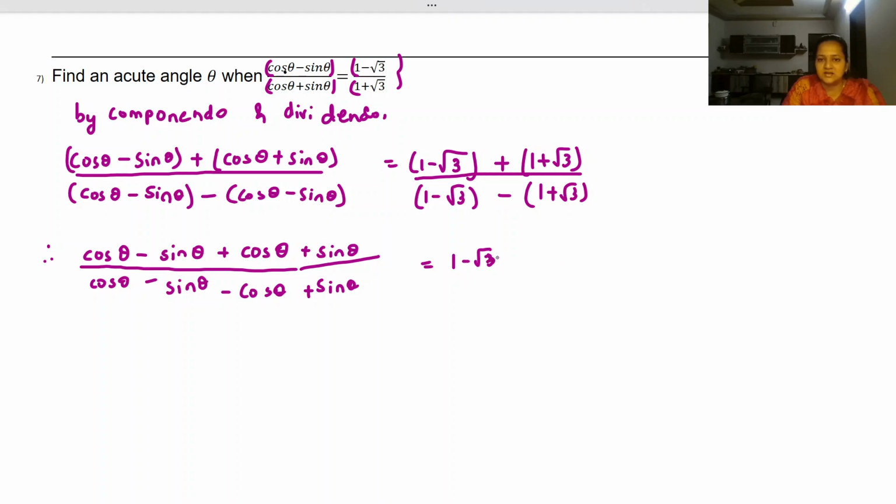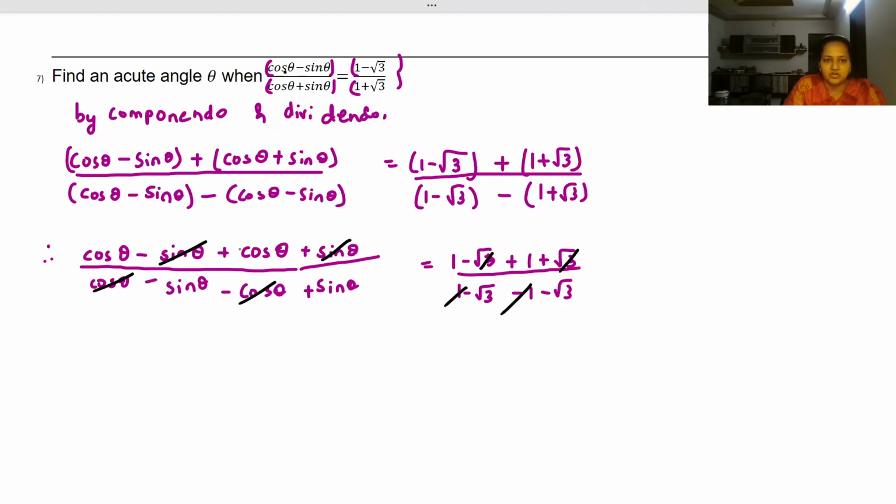Again, as the sign is addition, there is no change in sign. So it becomes 1 minus root 3 plus 1 plus root 3 over 1 minus root 3 minus 1 minus root 3. Now if you look over here, minus sign plus sign cancels, plus cos minus cos gets cancelled. Likewise, minus root 3 plus root 3, minus 1 plus 1.